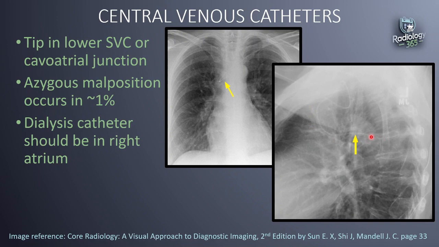It can only be in the azygos vein, looking at the course it takes. The azygos vein runs along the vertebra and then moves anteriorly to empty into the superior vena cava. So for the tube to take this bend, it could only be in the azygos vein, and this occurs in about 1% of cases.